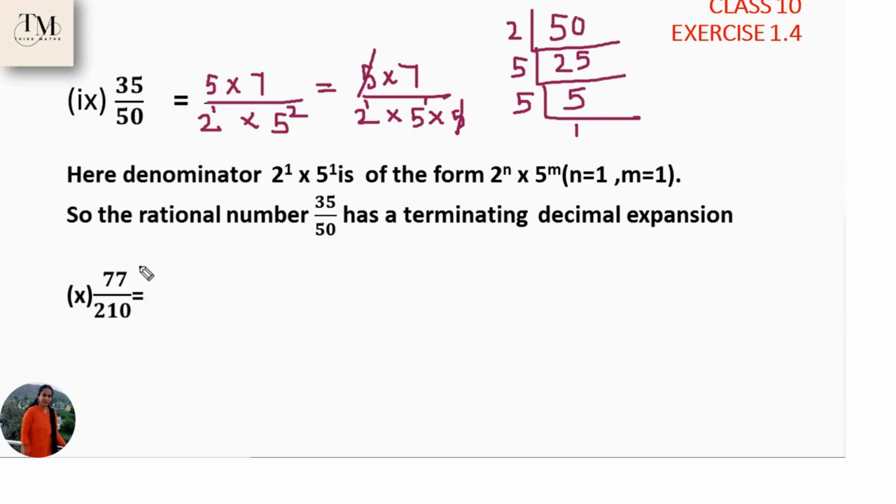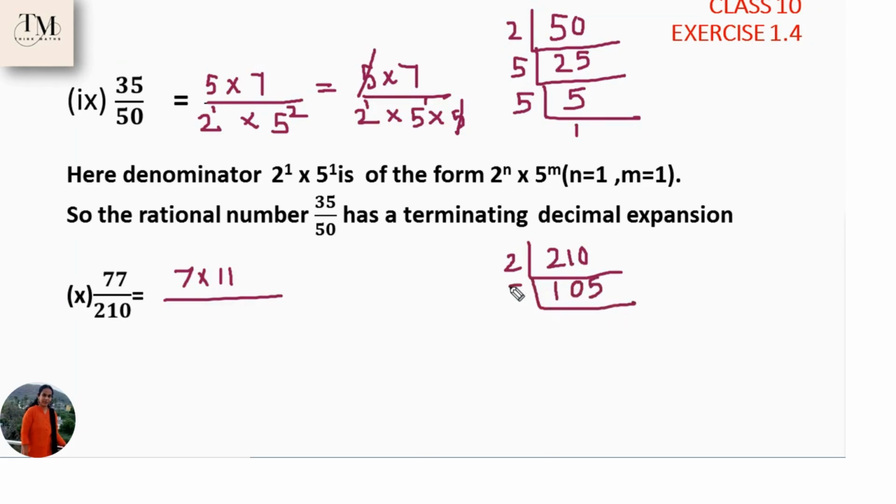So next problem, 77 divided by 210. So 77 can be expressed as 7 into 11. So let me factorize 210. So 210, I take first 2. 1 2s are 2. 1 doesn't go. 0. 5 2s are 10.